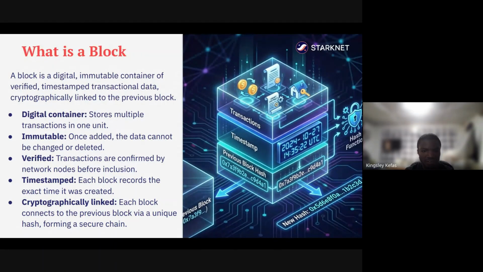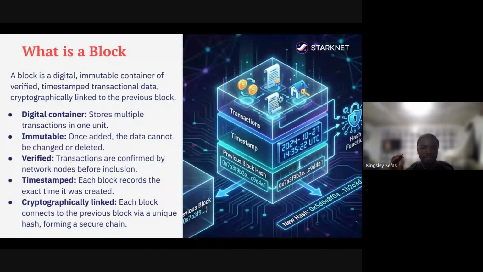And then cryptographically linked to the previous block. Yes, this is just a big grammar that basically tries to say that each block is being linked to the previous block based on the block hash, right? And then since we said the block hash is being generated via some computations, now those computations are basically what? Cryptography.